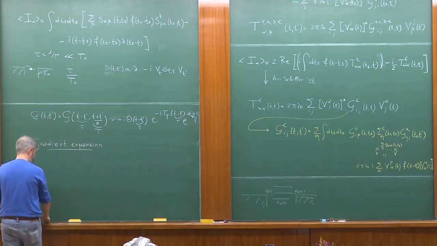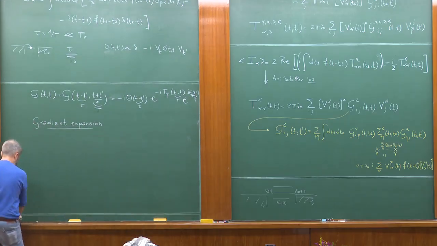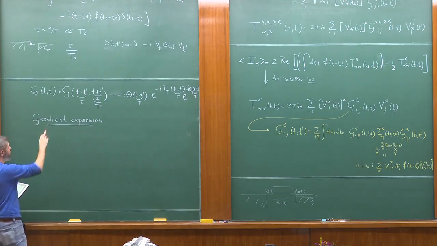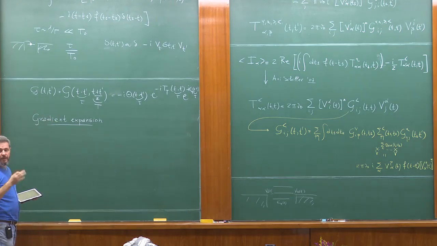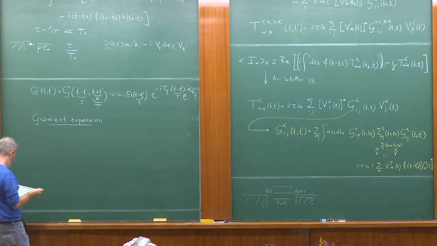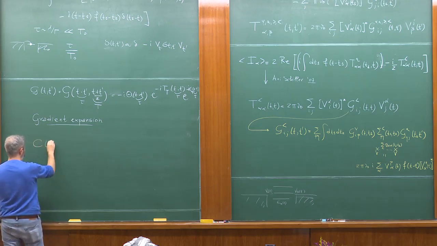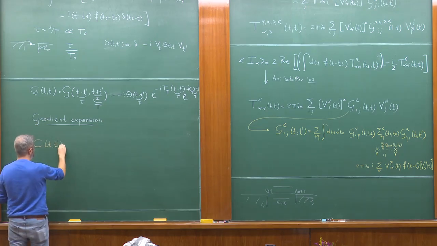So the story is the following. You see that in that expression there, we are dealing with a bunch of generalized convolutions of stuff that does not depend on time differences. So in general, we are dealing with objects like this.